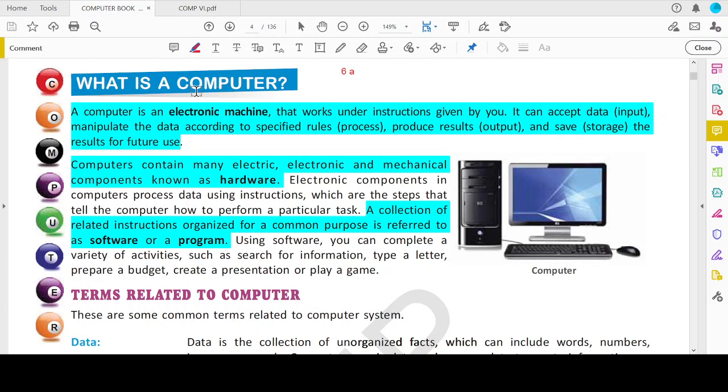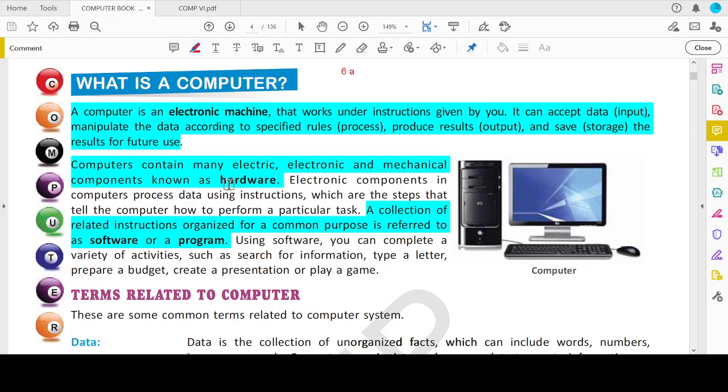Next, you may also write what a computer system is, because they have asked about the computer system. You should write that a computer is not a single device, it's a collection of many devices, electric, electronic and mechanical components called the hardware. It also contains the software.